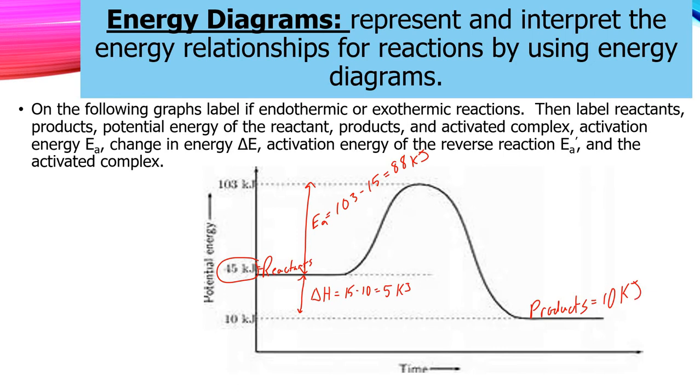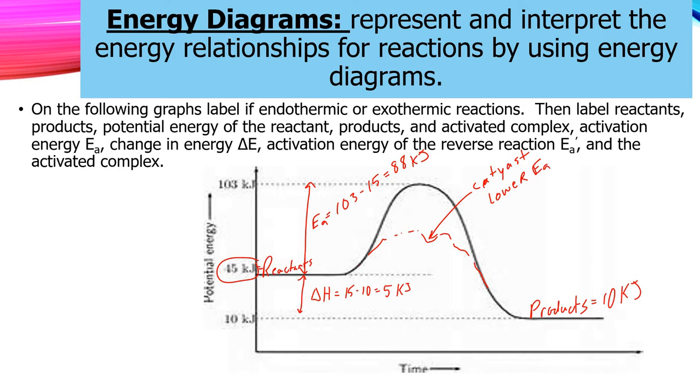Okay? If they show me a dotted line, I would say this is the result of a catalyst. And what does a catalyst do? It speeds up the reaction without being used up, and it lowers the activation energy. That's important that you remember.